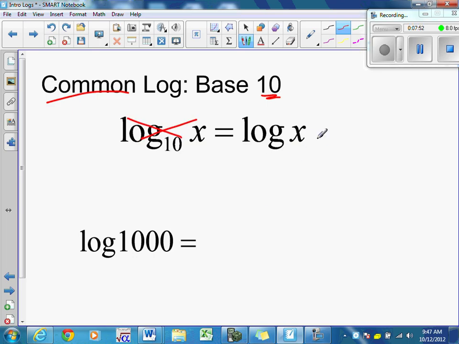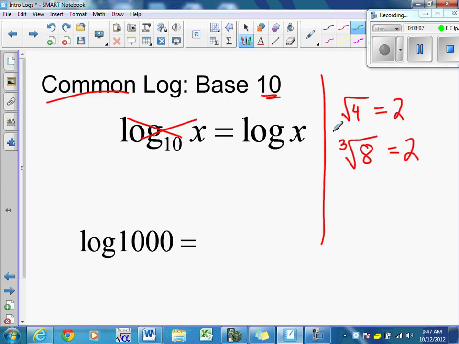There's nothing there. This is similar to square root. If I say the square root of 4, that's 2. But if I do the cube root of 8, which is also 2, I now put this little 3 here. For the square root, we don't write it in, but really we could think of there as being a 2 there.